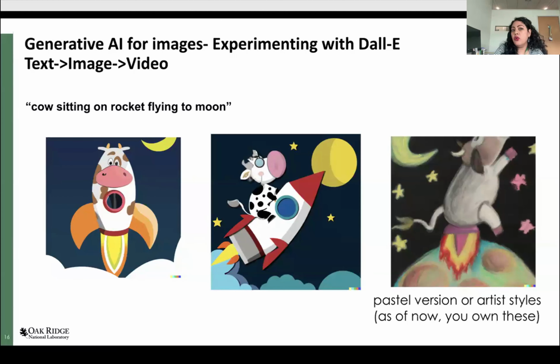OpenAI does not own these images. If you've created these, you own these. So a lot of people have started submitting these images to art competitions or selling these images as art. And there's a huge debate in the art community about whether this is a good use of AI. So this is something fun for everybody to do on the side.